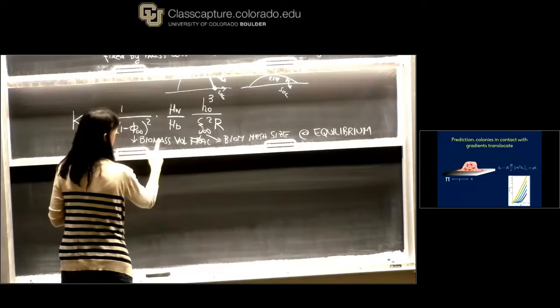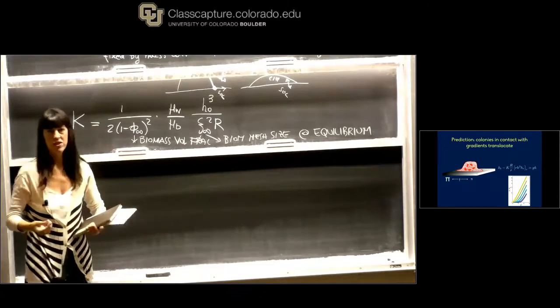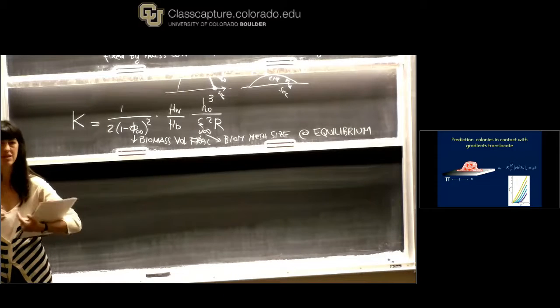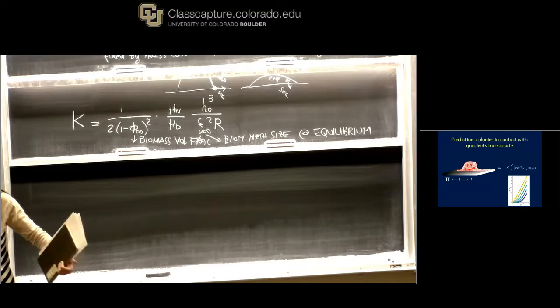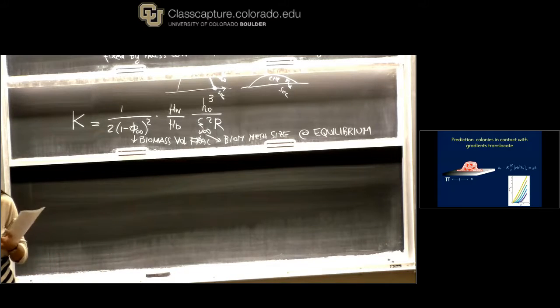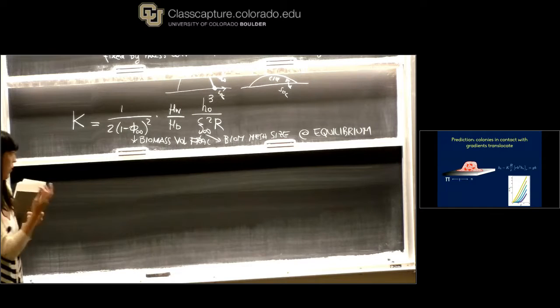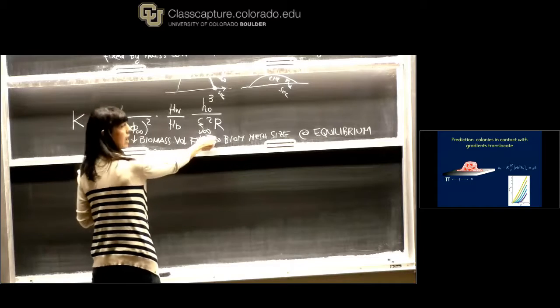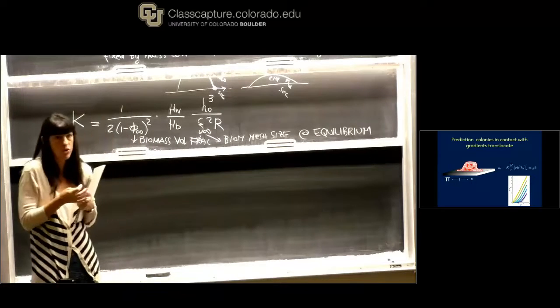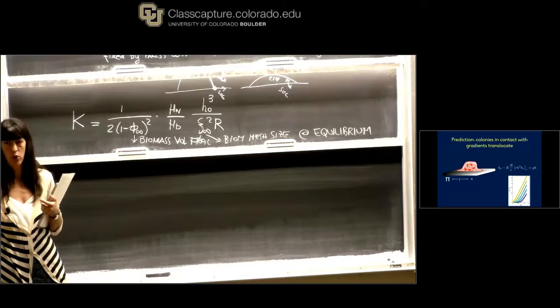Mesh size, what is mesh size? It's the typical distance between polymers in this biofilm. So bottom line, if you have a very concentrated polymer mesh, then your phi will be large and your xi will be small. They'll be very close to each other, and their volume fraction will be very large.